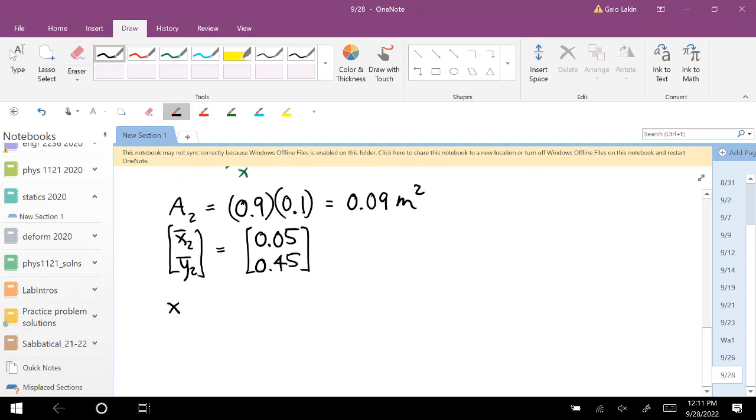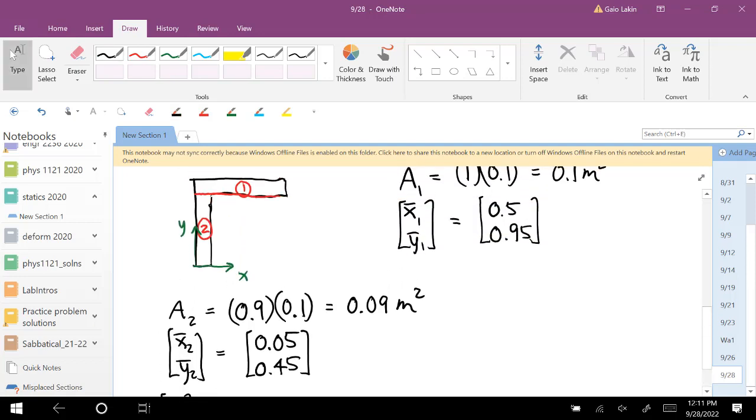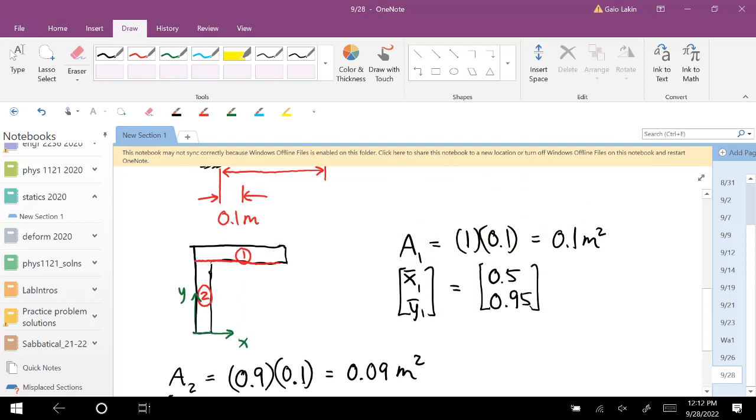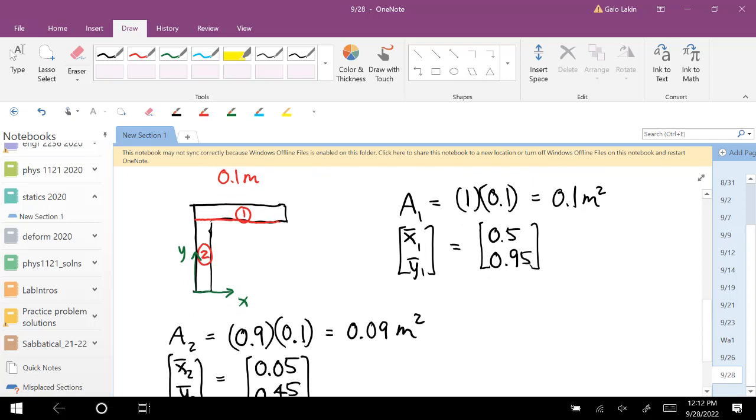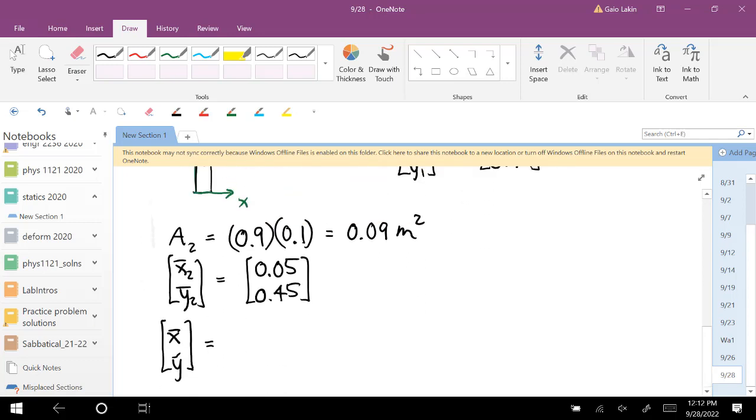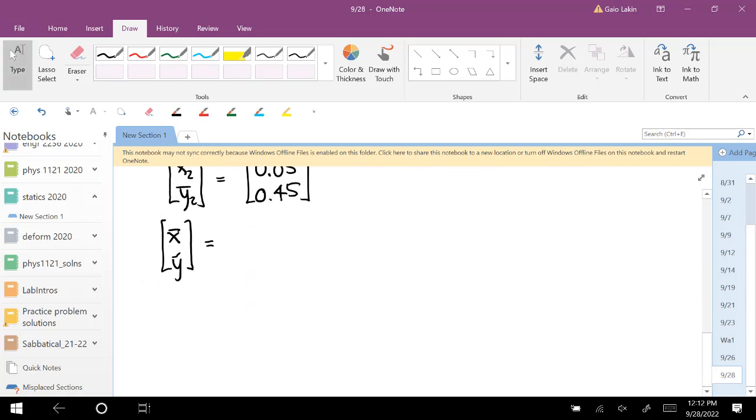So the total centroid is 1 over the area of the whole thing. So the area of the whole thing is the two areas added together, so 0.19.